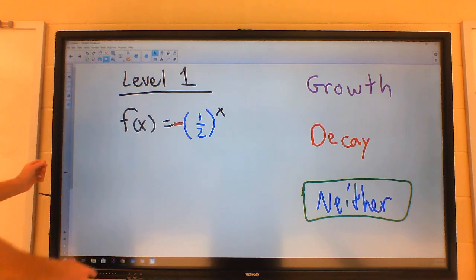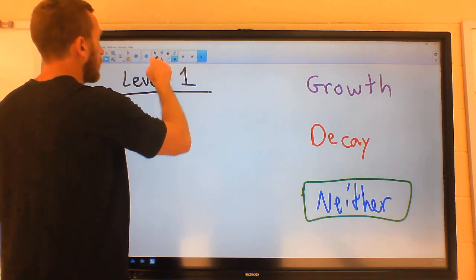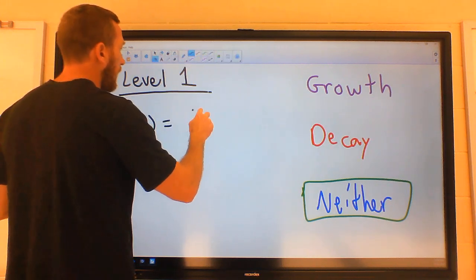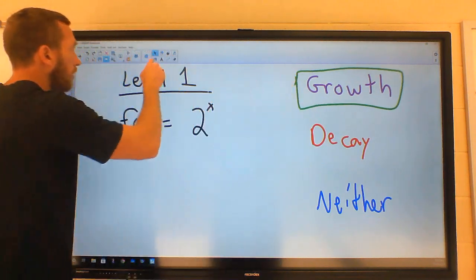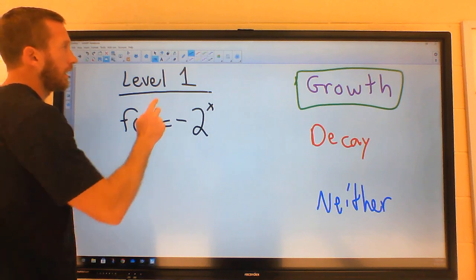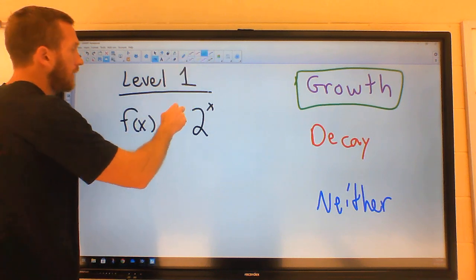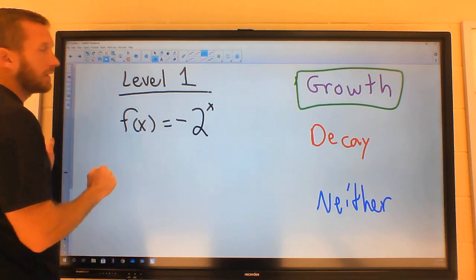Okay? And that works the same with what could have originally been a growth function. For example, if we had 2 to the xth power, clearly a growth function, and we throw a negative out front. Let me make this clear. This negative that's out front is not inside parentheses. That is not it, because we said the rule, the base does not have that.